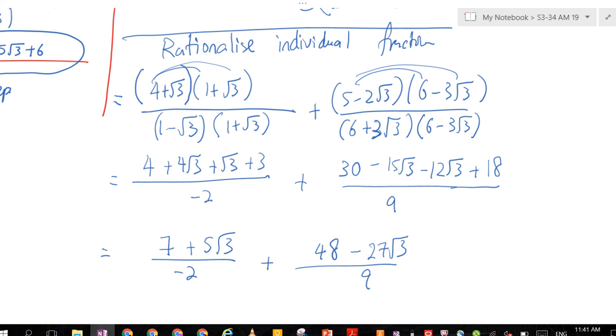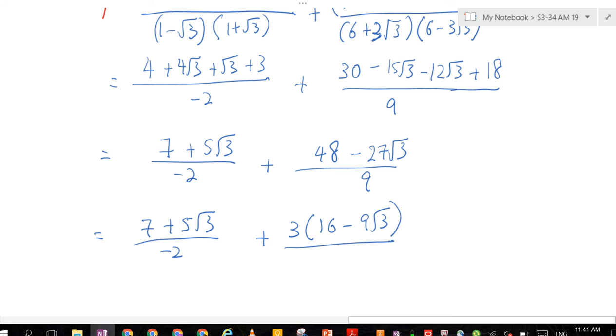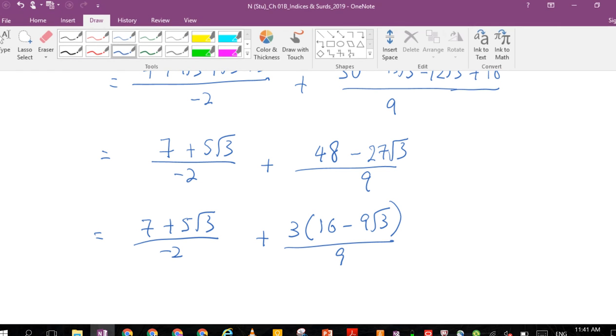Divide by what? 3. Divide by 3, what do you get? In presentation, you don't divide by 3. In presentation, you take out the 3. Because later on, the 3 on top and below can cancel out. This is what I mean.